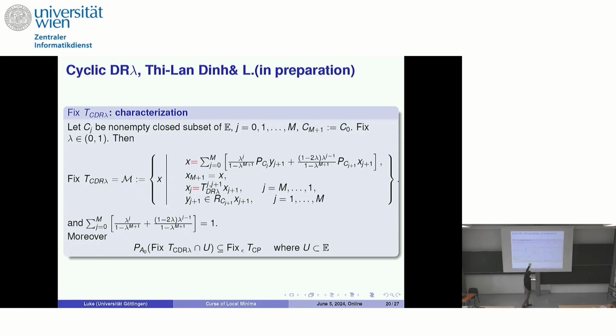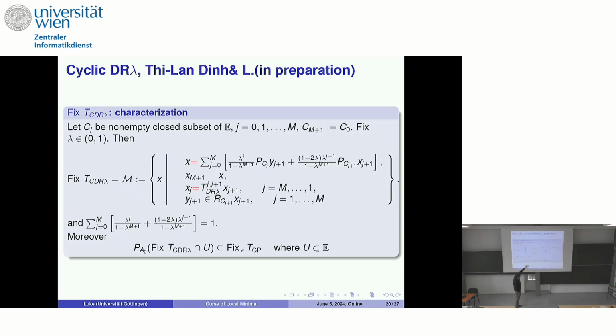Notice we're looking at the shadow of these y points. This is y in the reflection of x across its corresponding set Cj plus 1, and then we're looking at the shadow of that on the previous set Cj. And similarly for x, this is the shadow of xj plus 1, where xj plus 1 would be the cyclic Douglas-Rachford operator at that one operator in the chain, the shadow of that on the set Cj plus 1.